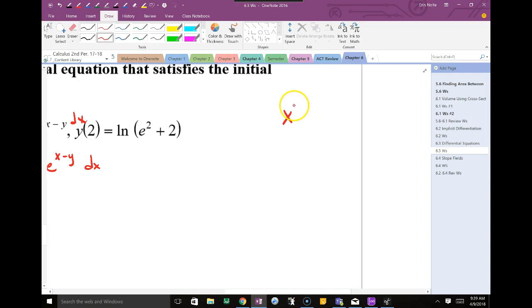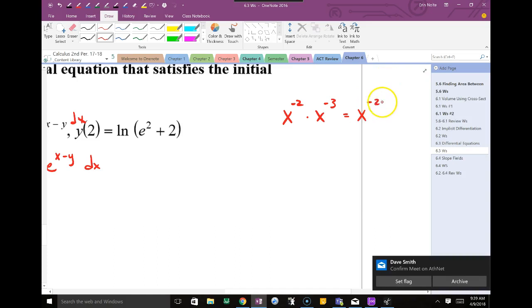Just use any number. Okay, x to the negative 2 times x to the negative third. You have the right idea here, because if you're multiplying those, you end up adding exponents, right? So negative 2 plus negative 3, right?